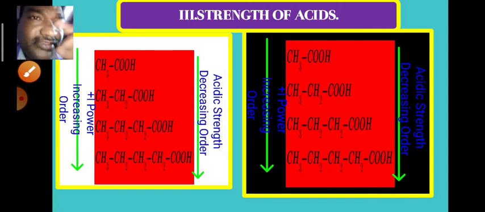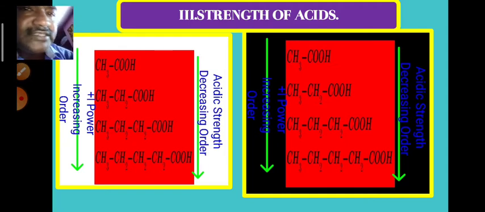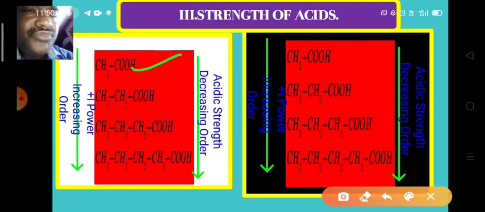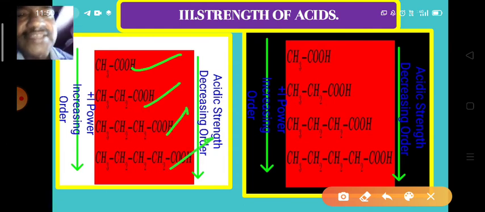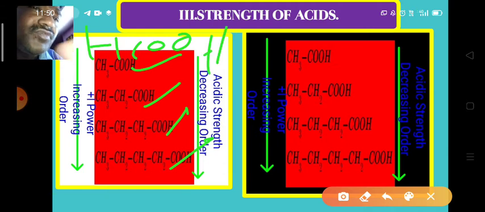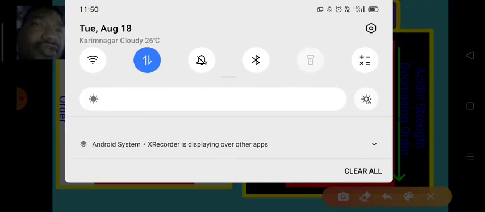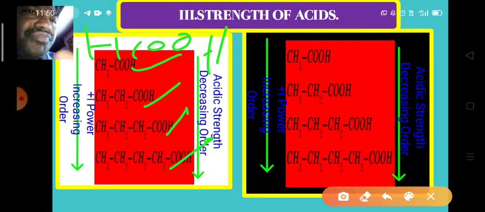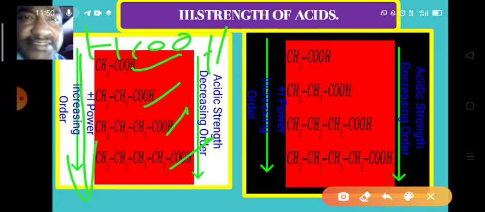Now look here, for example, acetic acid, propanoic acid, butyric acid, and valeric acid are taken, and here I forgot to write the formic acid. In formic acid, there is no alkyl group. So when we move from formic acid to valeric acid, the number of alkyl groups is increasing.